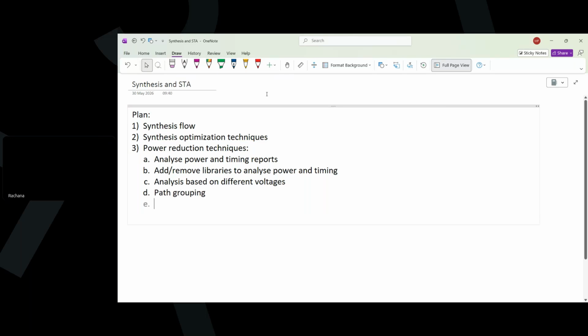If you see that there is a lot of timing that may be an issue going further, how the multi-cycle path is working, how the path grouping is working, we are going to apply that and see the reports again. Under this point, whatever sub points I have mentioned, in short, we are going to do full proper power and timing analysis throughout.